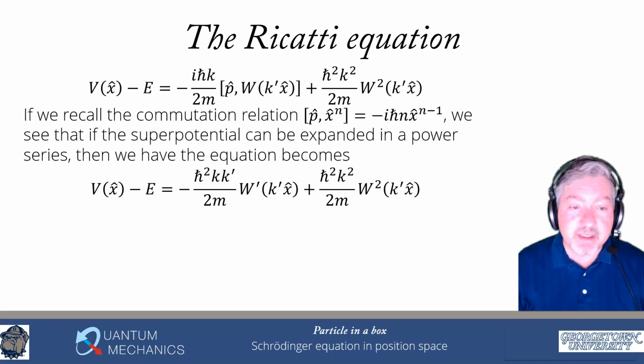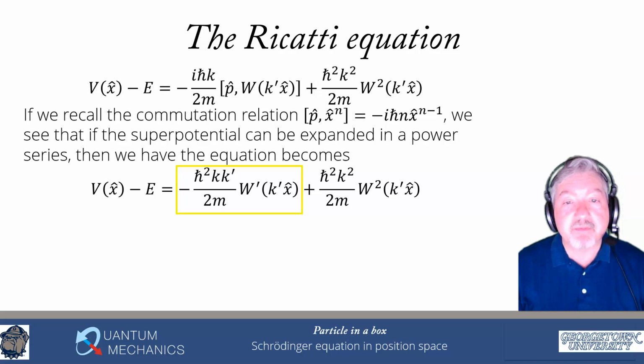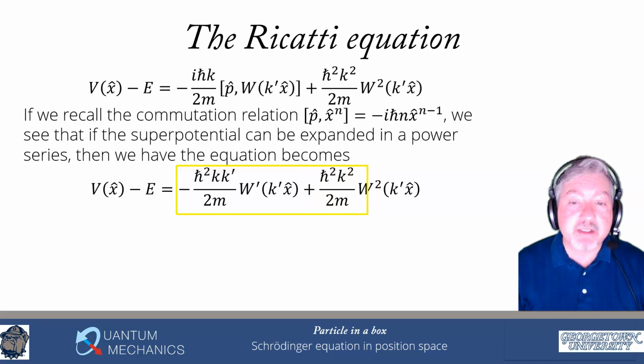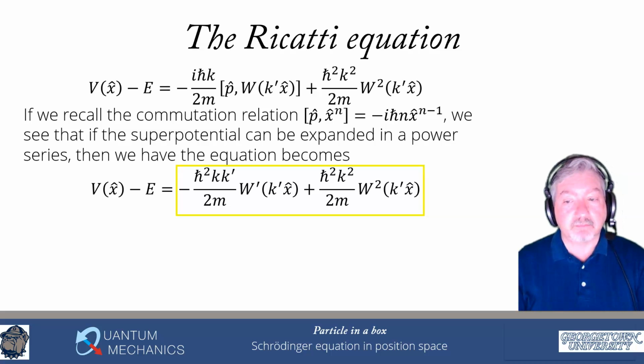So V of x minus E is going to be given by minus h bar squared k k prime over 2m, the k prime coming from the chain rule when I take the derivative, W prime of k prime x hat, plus the term that we had before, h bar squared k squared over 2m, W squared of k prime x hat.